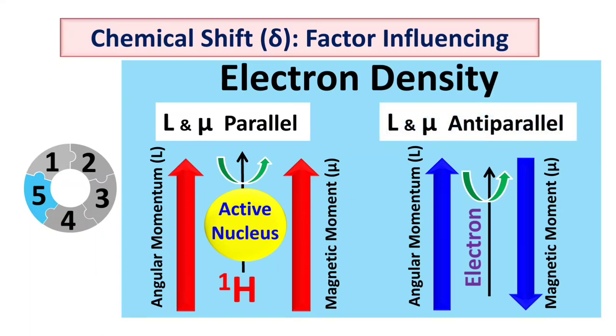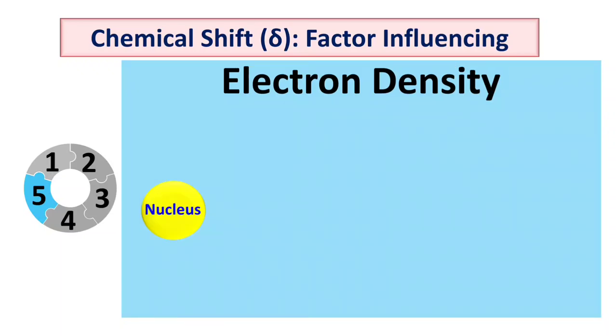Please note this point. These are very important aspects when you are discussing the active hydrogen nucleus and the electron. In the case of the active hydrogen nucleus, L and mu are parallel, whereas in the case of an electron, L and mu are anti-parallel. That is going to affect the chemical shift delta in a prominent manner, and we can discuss that.